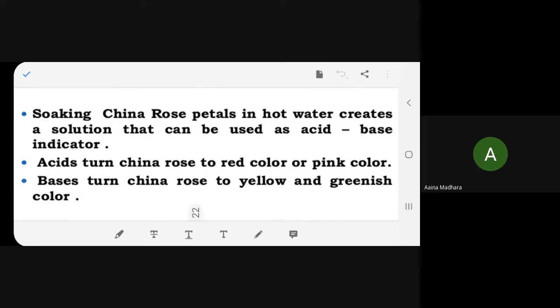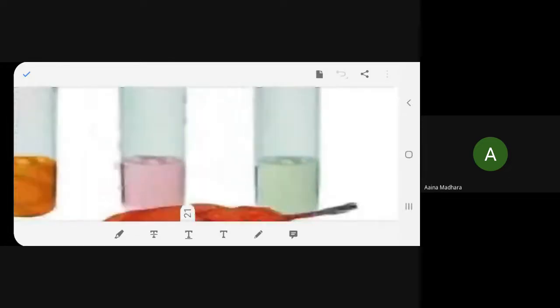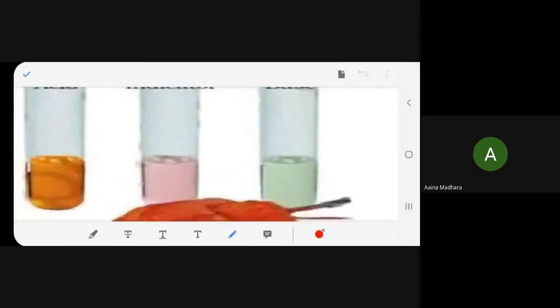And when I add base to it, it becomes yellow or greenish. That's what we saw just now, beta. It becomes greenish in color, and this becomes orange or red in color. Is this clear?